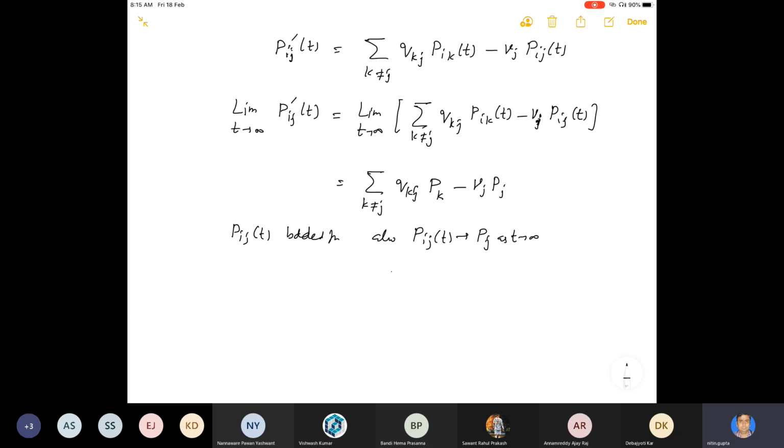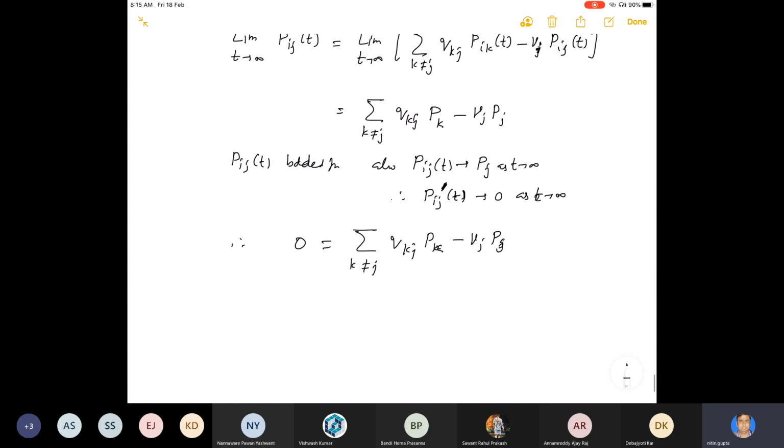Therefore, the derivative of this will converge to 0 as t goes to infinity. So we will get 0 equal to the summation of qkj Pk minus vj Pj, k not equal to j.